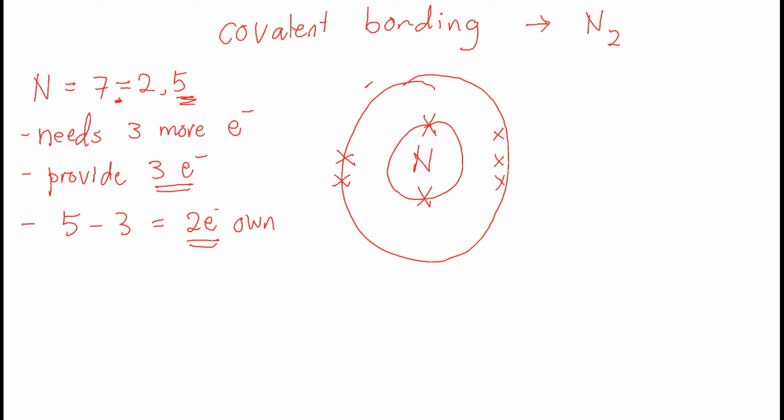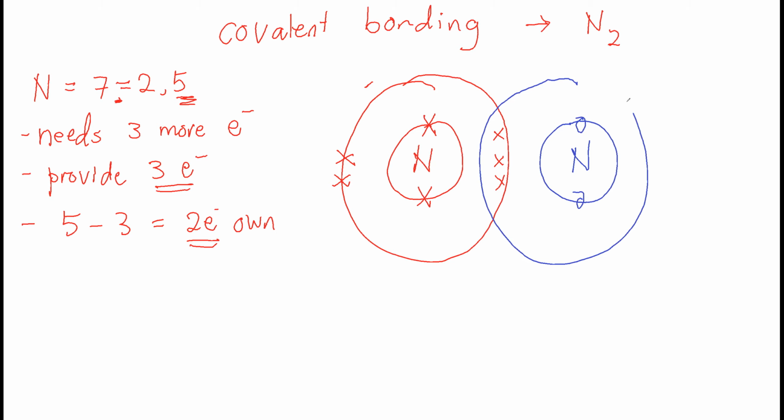Now we do the same for the other side. So the other side, we have again 2 electrons in the innermost shell, and then in the outermost shell, same thing, 2 electrons of its own, which we draw here, and then 3 electrons in the bond, 1, 2, 3. So this is the full electronic structure of the nitrogen molecule.